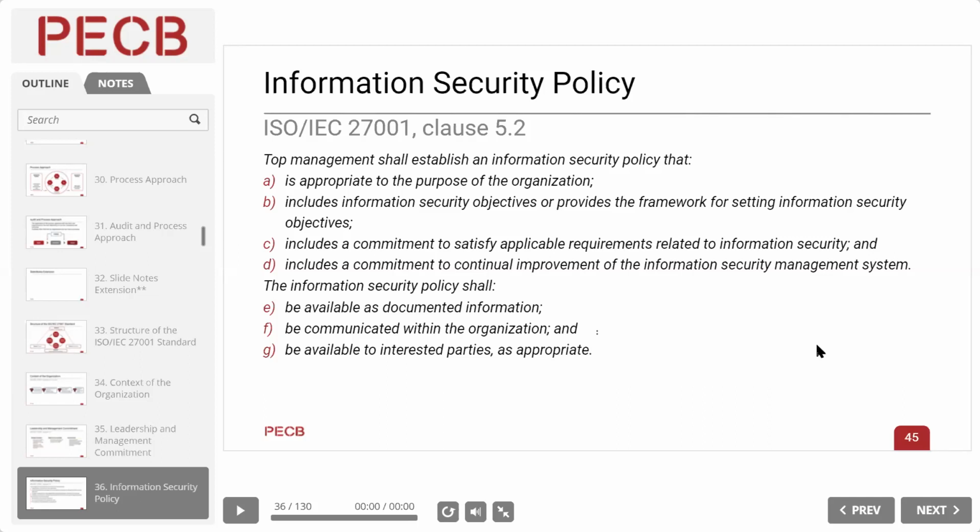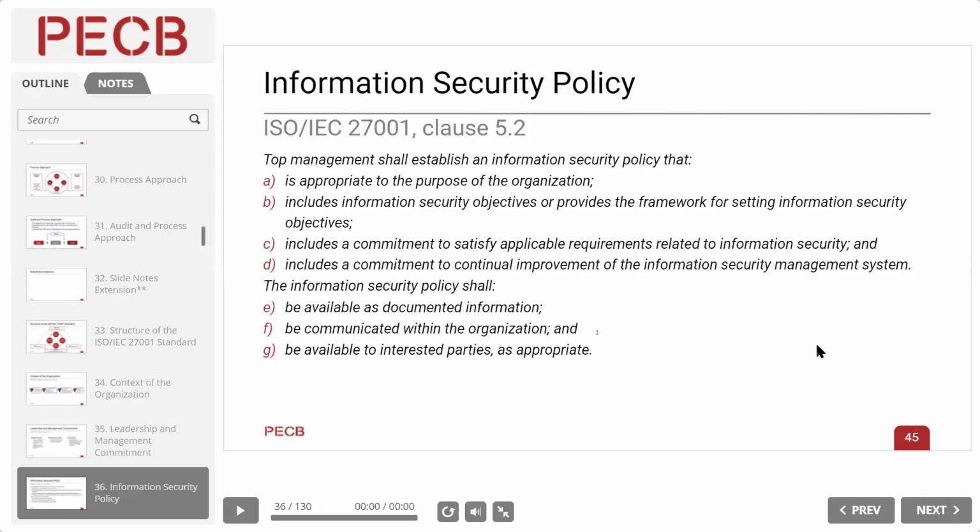Okay, so top management shall establish an information security policy that is appropriate to the purpose of the organization, includes information security objectives, or provides the framework of setting information security objectives, includes a commitment to satisfy applicable requirements related to information security, and includes a commitment to continual improvement of the information security management system.